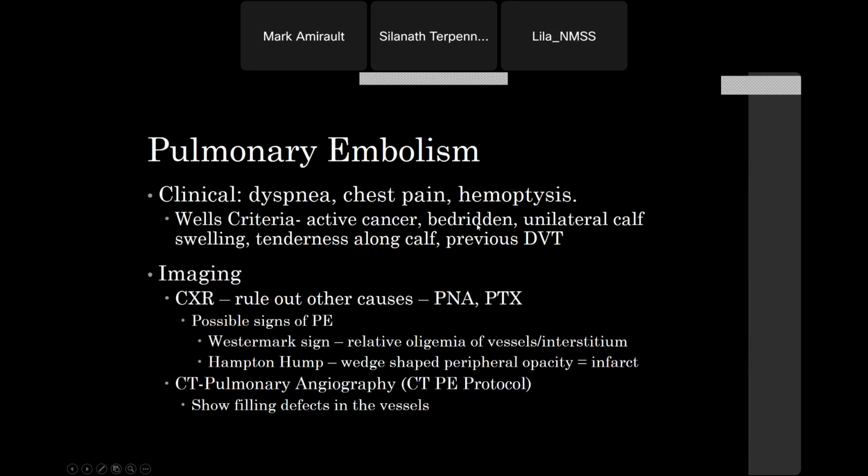Are they not moving around, are they bedridden? Do they have calf swelling or tenderness in the calves, history of DVT, things like that. As we talked about before, the chest x-ray is really meant to rule out other causes, not necessarily to exclude a PE, but to give other good reasons for the patient's symptoms.